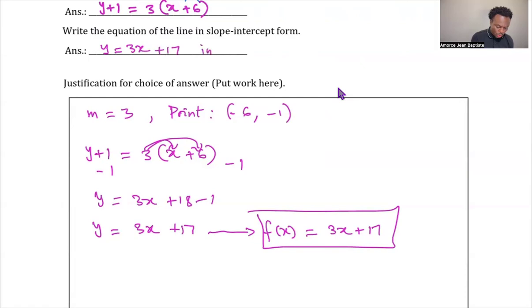And in function notation, it is f of x equals 3x plus 17, which could have been g of x or h of x, any letter.